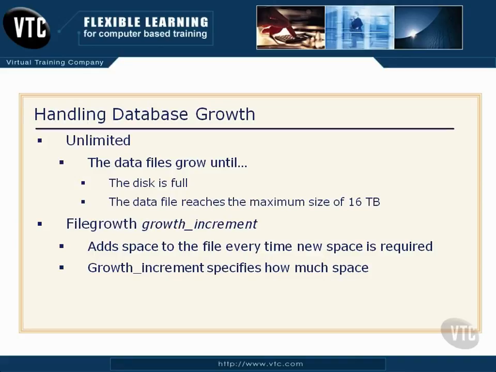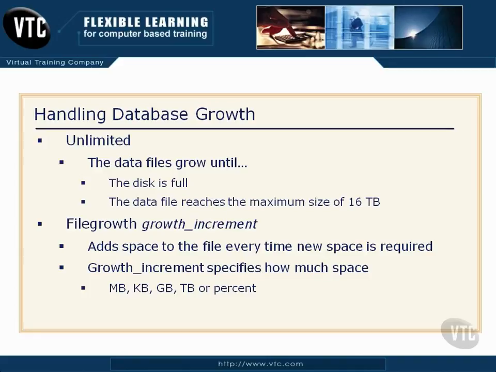So we obviously want to watch that. We don't want it adding space, like 6 times a day. So we might want to make sure that when we add space, add 50 megabytes to it, right? Whatever. Now we can increment in megabytes, kilobytes, gigabytes, terabytes, or by percent. And a lot of people like percent that use file growth because as the database gets larger, we can naturally assume that it's going to be growing faster.